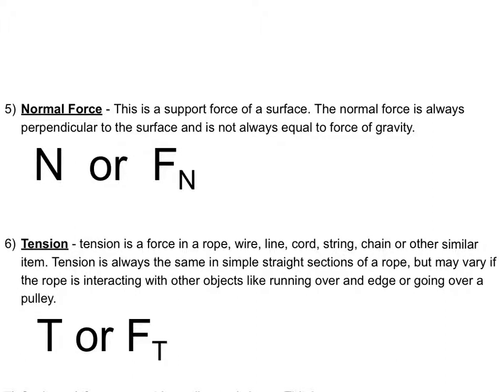The friction between the rope and the pulley, or the rope and the edge, can support some of the tension between one section and the next, resulting in unequal tensions in different portions of the rope. If your rope was curved or something, tension would not always be equal in a curved rope as well.